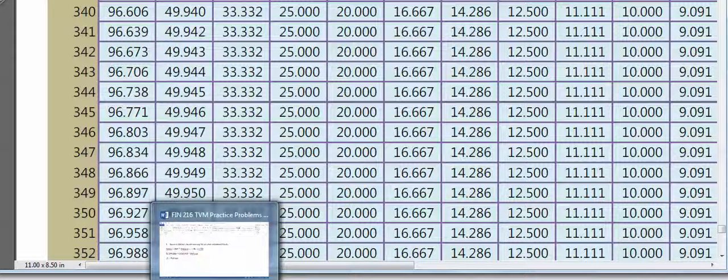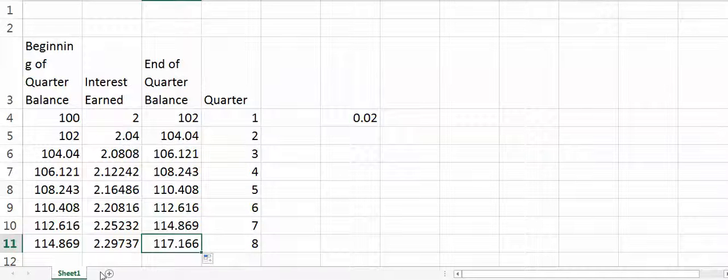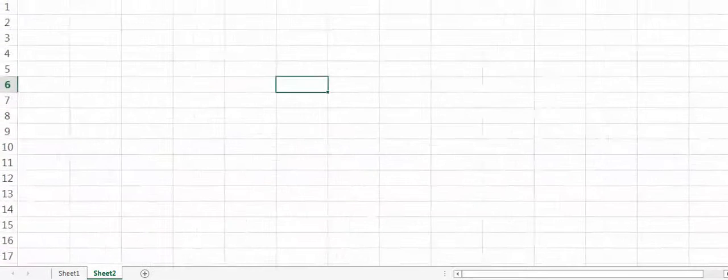Because something interesting is going on. Basically, if I've got $2.5 million and I'm earning 5% on that, I'm going to take this 5% and multiply it by $2.5 million.